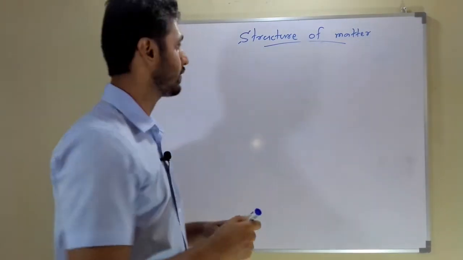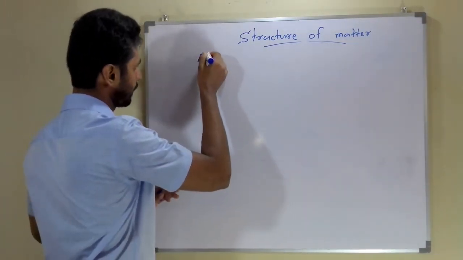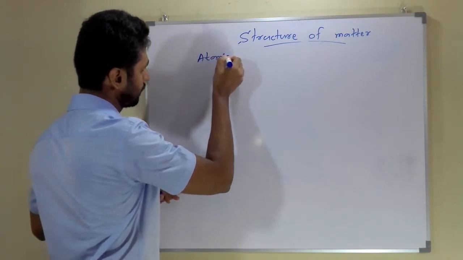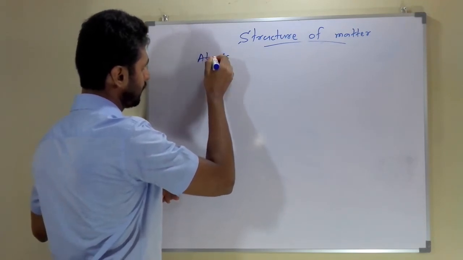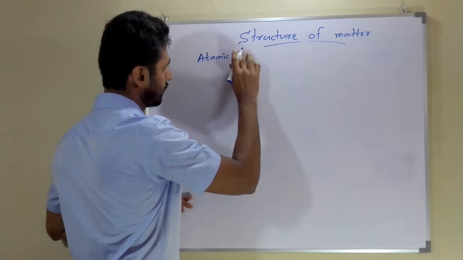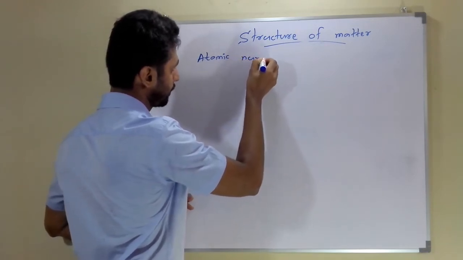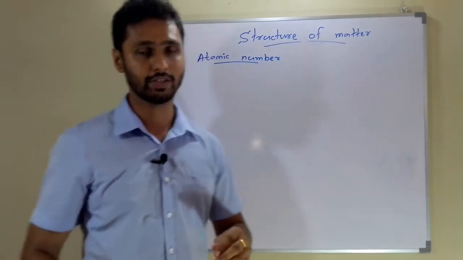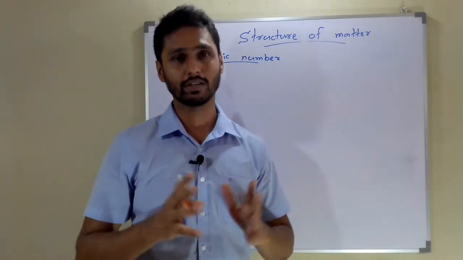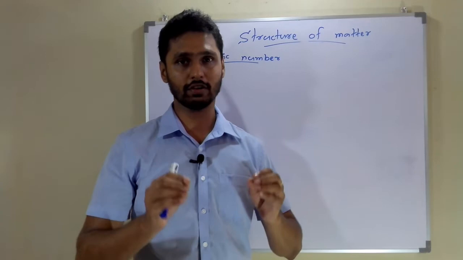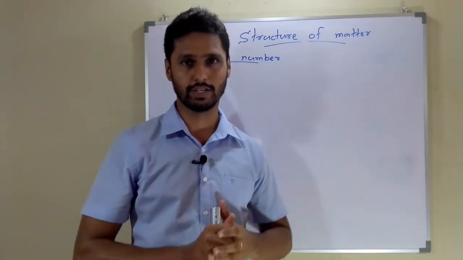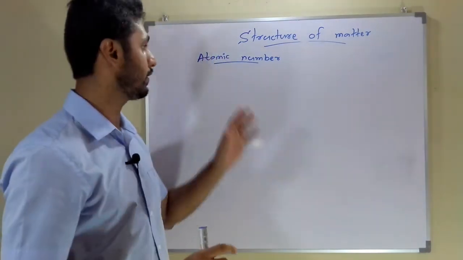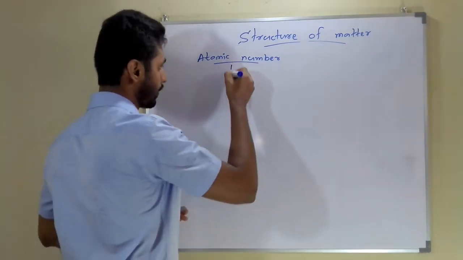The topic is atomic number. Let's see what is the definition of this atomic number. The number of protons in the nucleus is known as the atomic number.